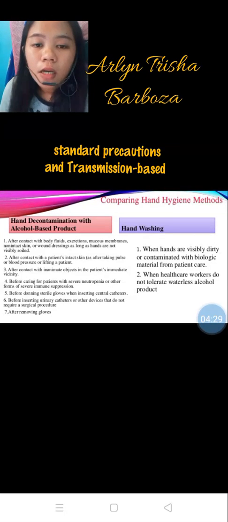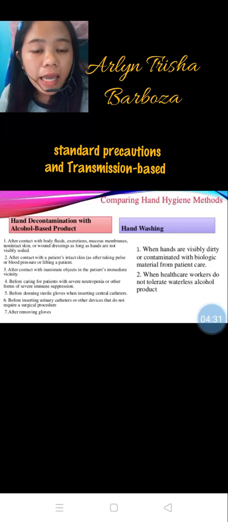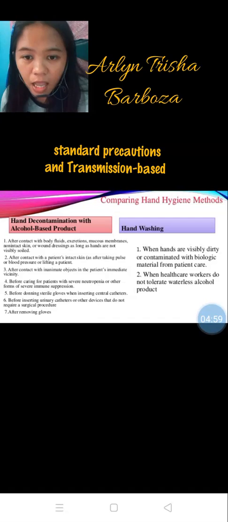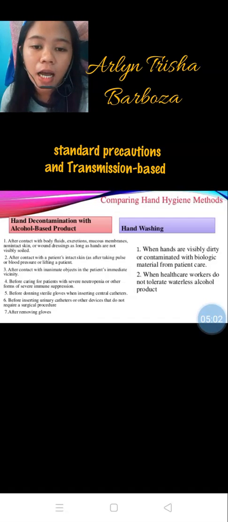When comparing the hand hygiene methods, the alcohol-based product is used after contact with body fluid, excretions, mucous membranes, non-intact skin or wound dressings, as long as hands are not visibly soiled. It is also used after contact with a patient's intact skin, after taking a pulse or blood pressure or lifting a patient, and after contact with inanimate objects in the patient's immediate vicinity.